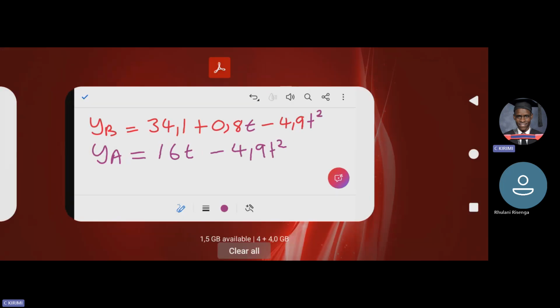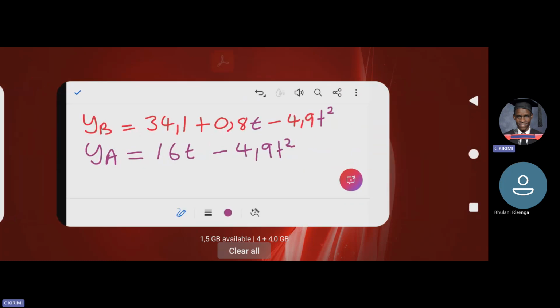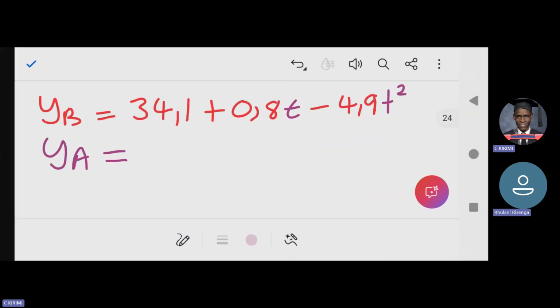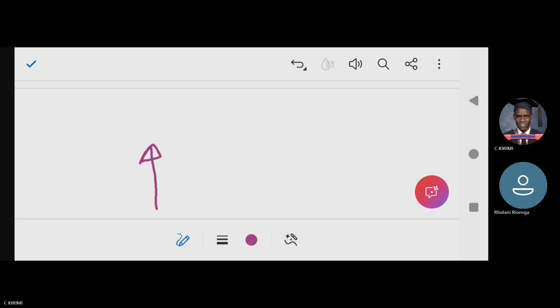So what does that mean if you interpret those two? What it simply means is that you want the position when these two balls meet. You are measuring YA as A is going upwards, so somewhere there, YA above the ground.